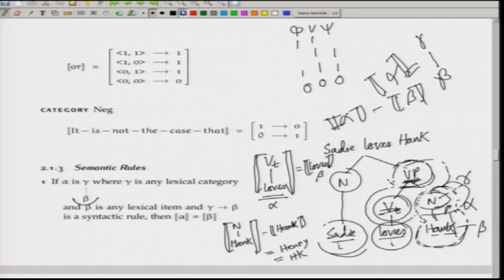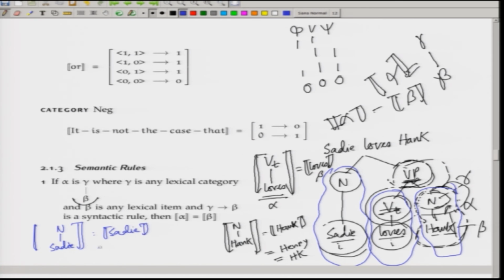basically this branch, and this branch. So, according to this rule, the truth value of this entire branch, that is n goes to Sadie, will be, as we have seen, the reference of Sadie, which is actually AS, and the truth value of Vt goes to loves.